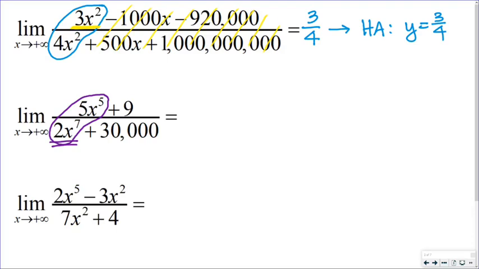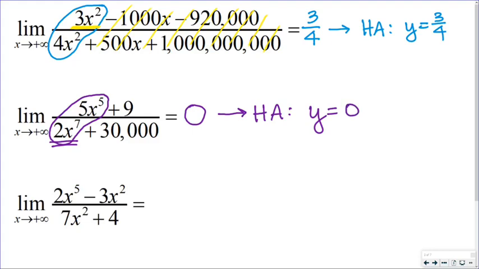So I will be dividing a smaller number by a much larger number. And in that case, because I'm dividing by a much larger number, the limit as x approaches positive infinity of this expression will be 0, which also means that this graph will have a horizontal asymptote at y equals 0.